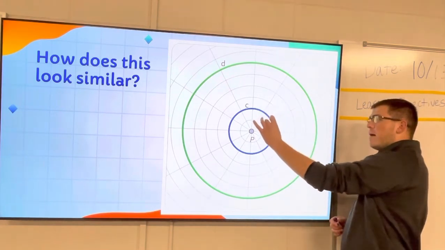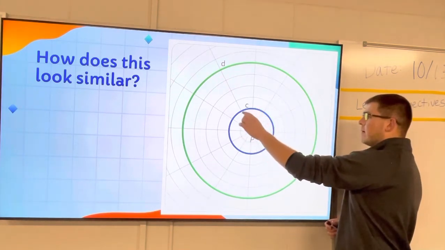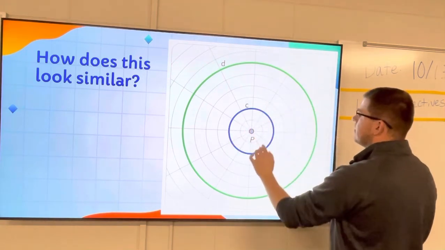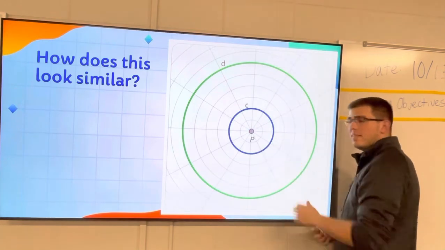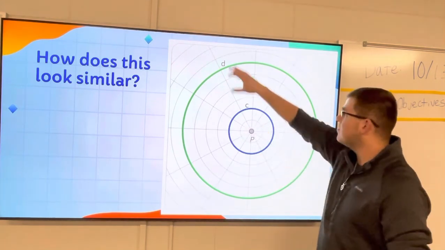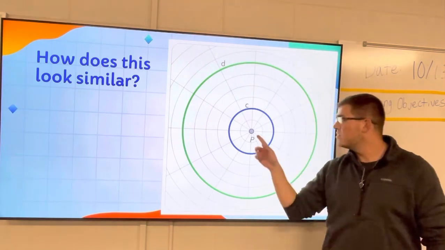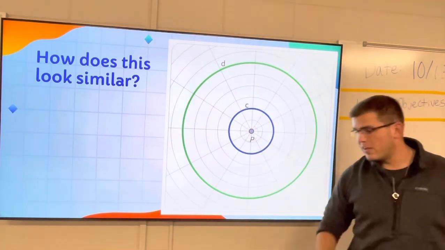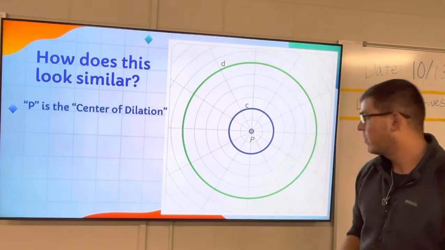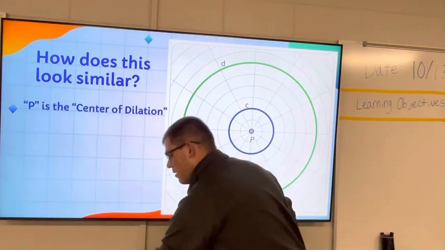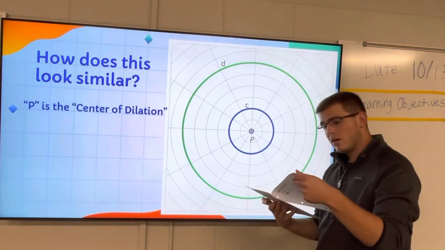I drop the pebble, ripple, and then they keep going out, they keep extending while the center remains the same. That pebble didn't move. The pebble isn't way out here now. It drops straight into the center. This is P. It's going to be called our center of dilation. P, this is your new term. You might want to write this down in your notes. P is the center of dilation.